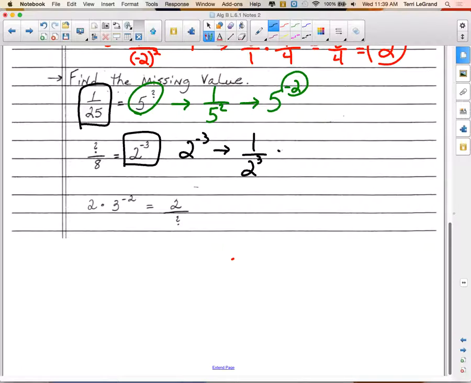Well, that becomes 1 over 8. 2 times 2 is 4, times 2 is 8, so just a positive 8. So we found the question mark, didn't we? What's the question mark in this one? 1, yeah. We found the missing piece.